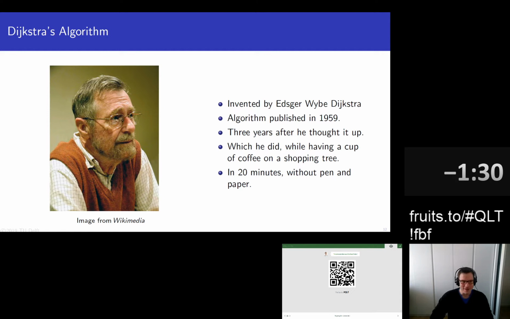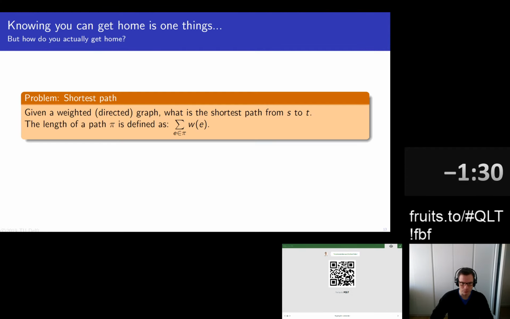So how does Dijkstra's algorithm work? Well, let's take a look at that. First, let's formally define our problem. Given a weighted, potentially directed graph, we have the question, what is the shortest path from S to T? So from some vertex to some other vertex, where we define the length of this path as the sum of the weights along its edges.